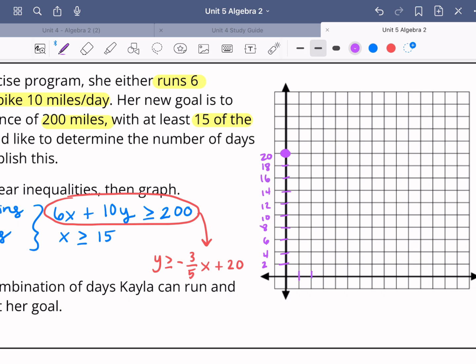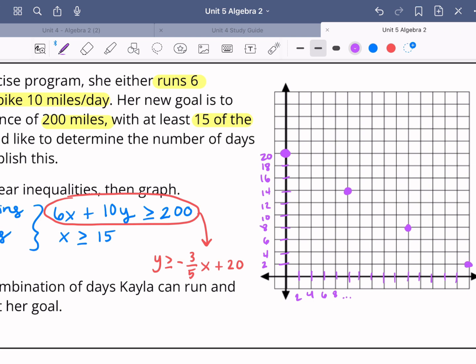I'm going to make sure I'm counting by the same on my x-axis. My slope is negative 3/5. You can still use that slope as long as you counted by the same thing on the x and y. You don't have to adjust for the fact that we counted by 2's. But that only works if you counted the same on x and y.